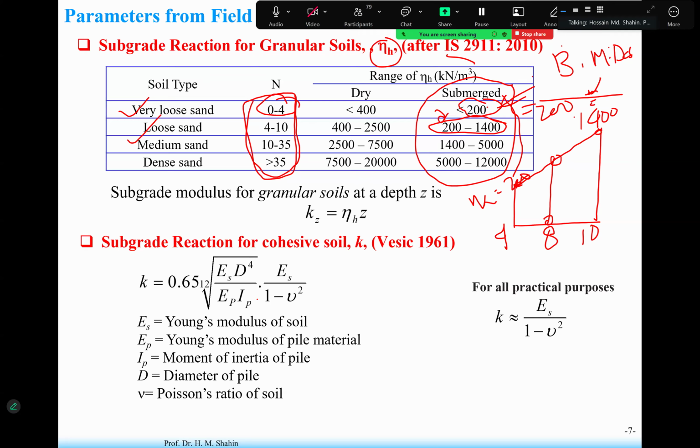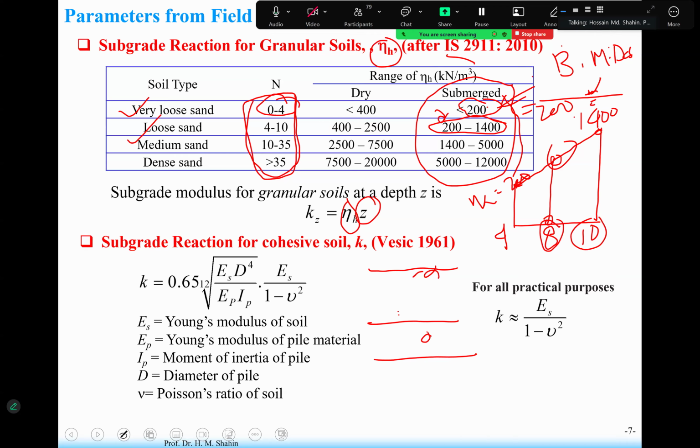So in this way, the average SPT you will use here, then you will get the values. Then subgrade modulus will be, that is NH, then subgrade modulus will be Z into NH, for the layer you are considering.